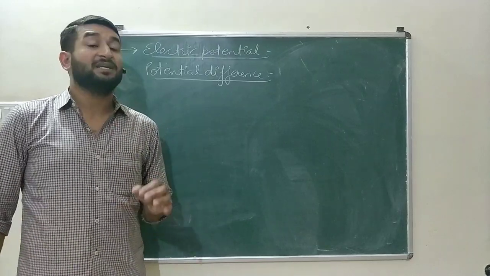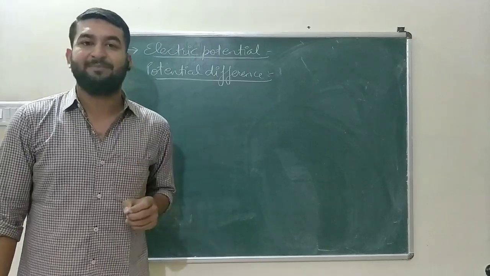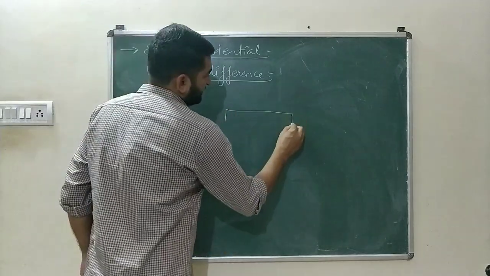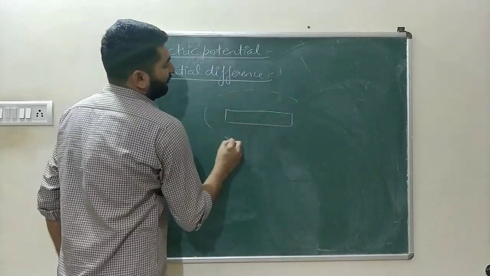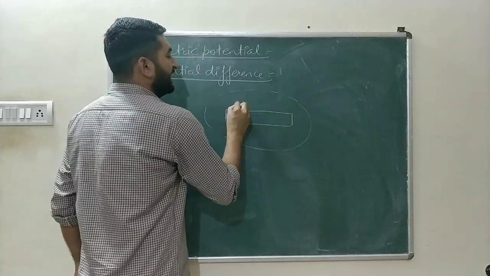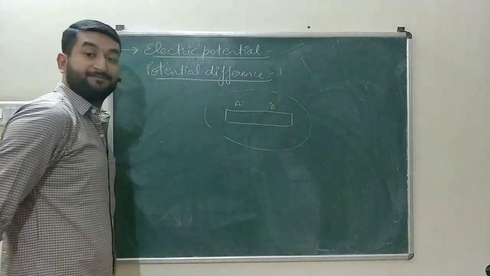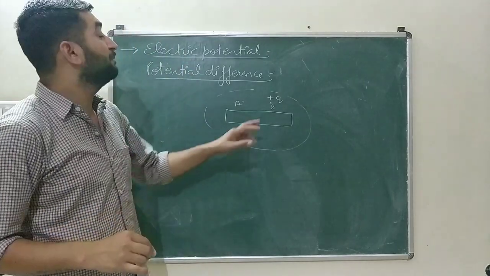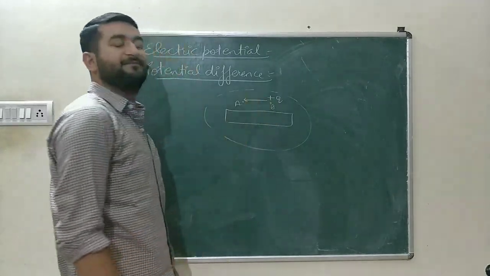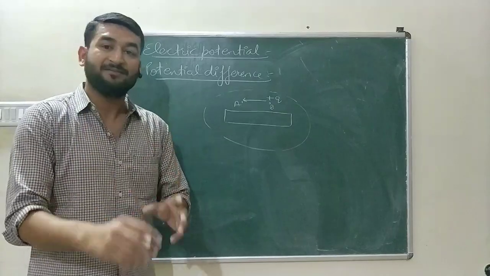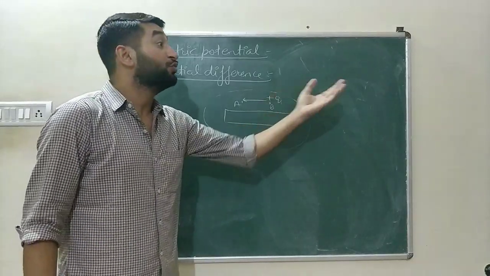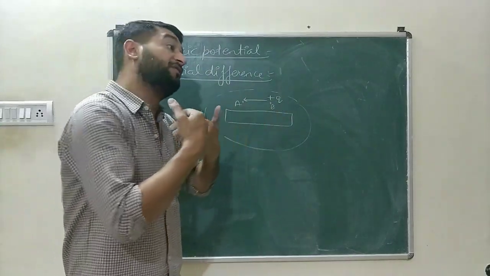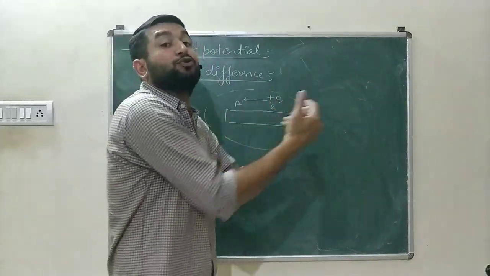Now we will discuss another very important topic for your board exam, that is potential difference. This is a charged body, this is its electric field, and this is point A and this is point B. We are bringing a unit positive charge, plus Q, from B to A. We have to do a certain amount of work, because there is a force of attraction or repulsion, either pull or push.